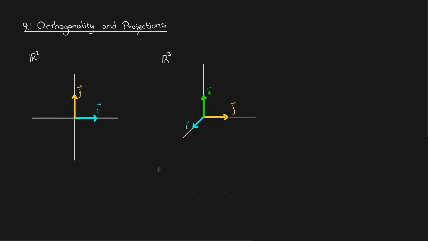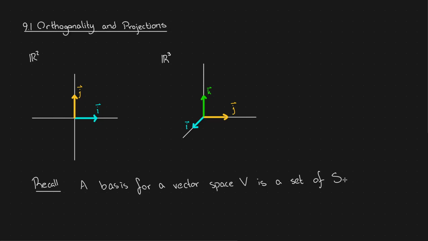Okay? Now, those two properties, we've looked at this before, and we've looked at other bases for vector spaces based on this idea. So a basis, recall, for a vector space V is a set of vectors S in V so that two properties are satisfied.